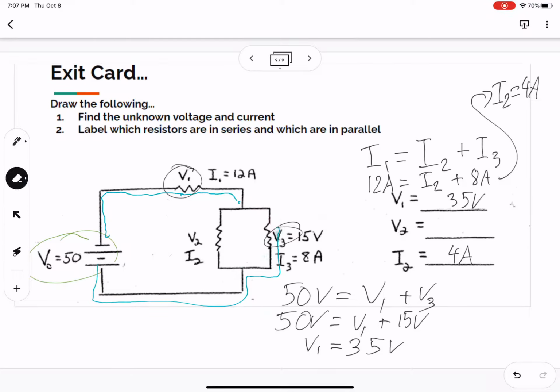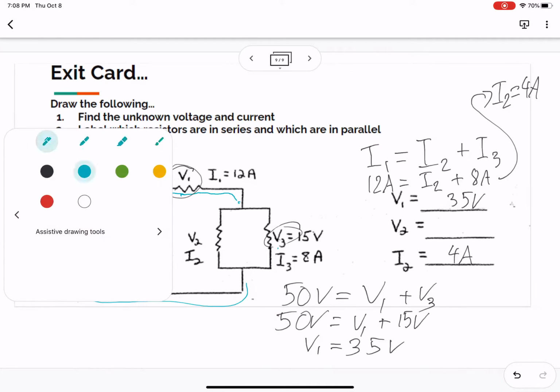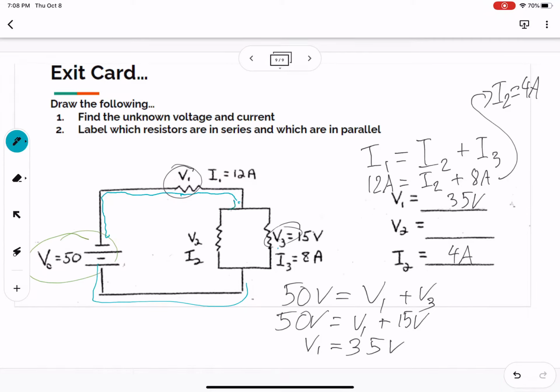Now that we have V1, you could trace the path of the electron going to the left again, this time like we did originally, with information about the voltage before, so you could solve it that way. But we're going to do this a different way.